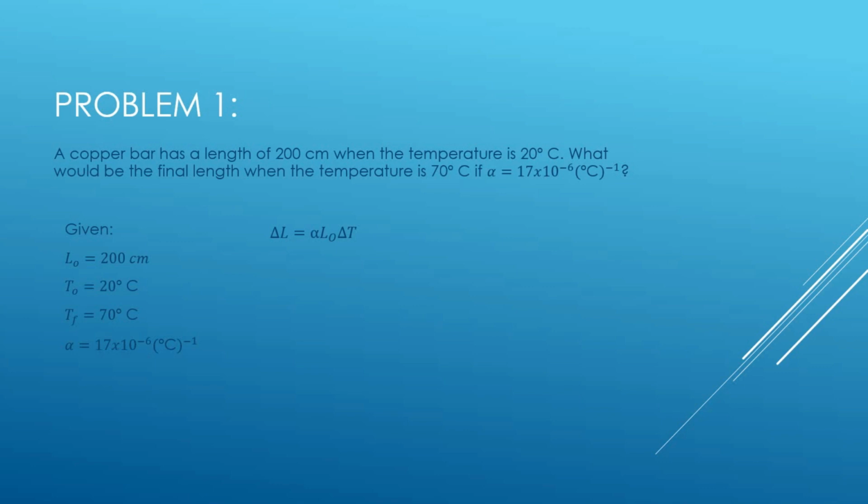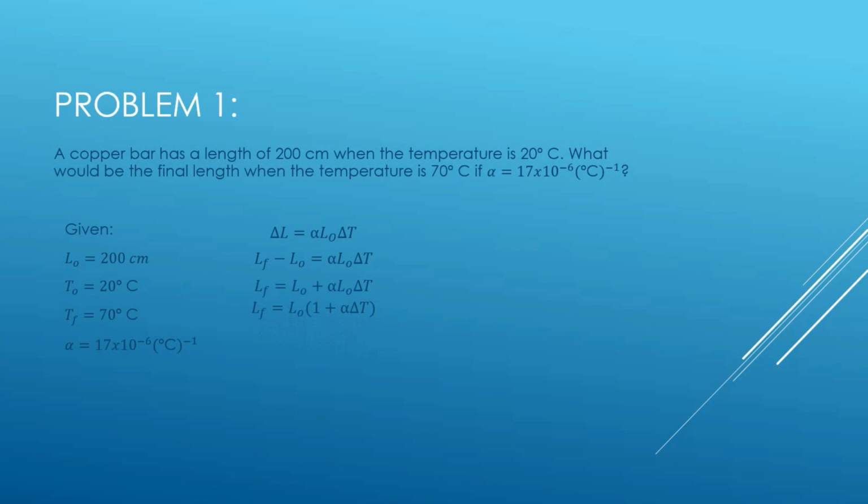So we'll use the formula: change in length is equal to alpha times initial length times change in temperature. So we change the change in length to final length minus initial length, equal to alpha times initial length times change in temperature.